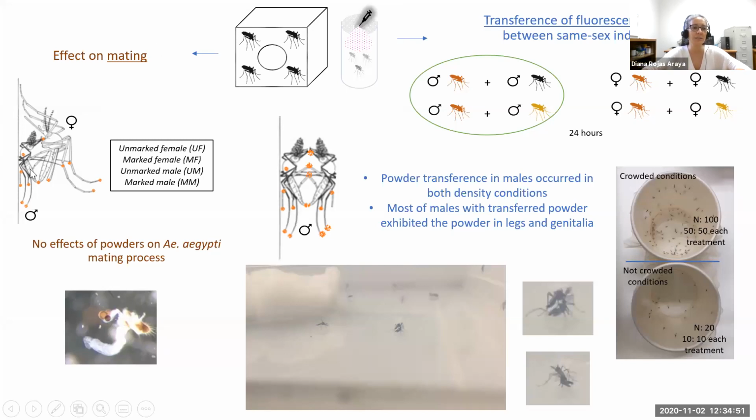It was very interesting because, as is logical to presume, we did find some transfer of powders from a marked male or female to an unmarked male or female. The yellow and orange dots in the figure on the left are the places where we usually saw the presence of the powders and the transference.